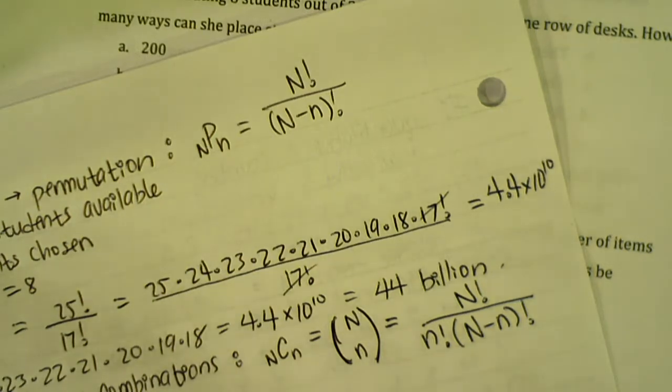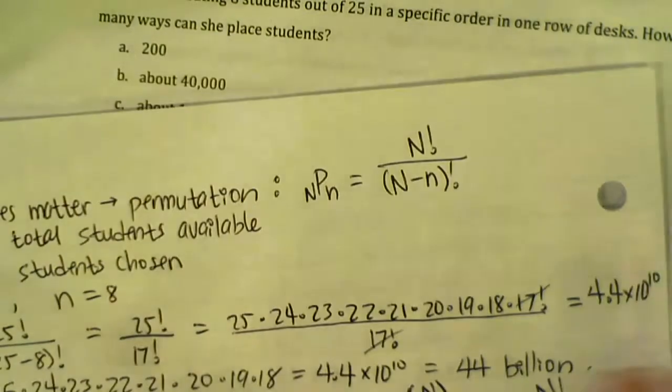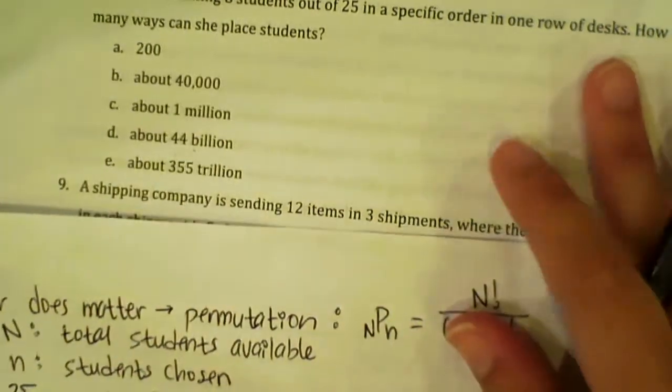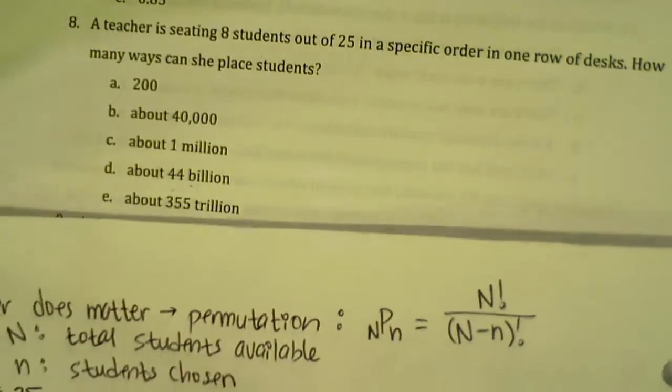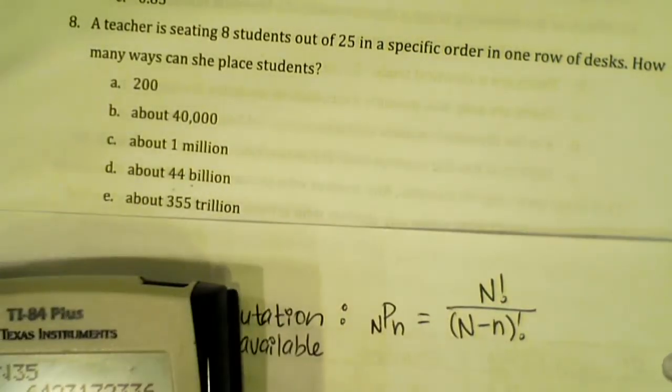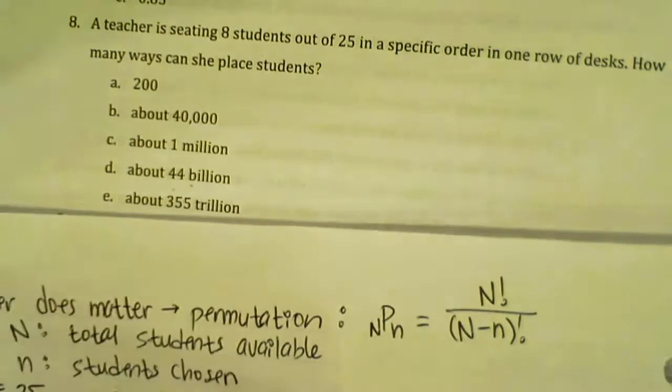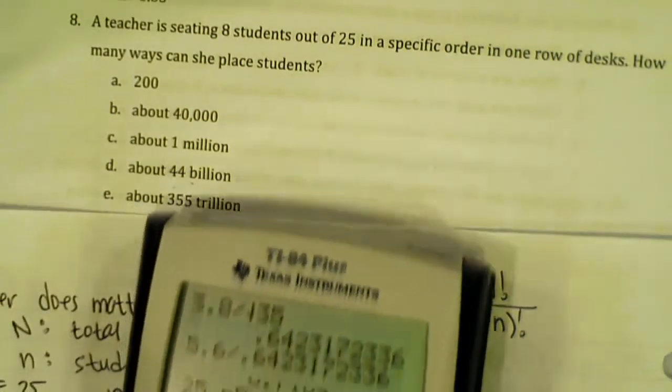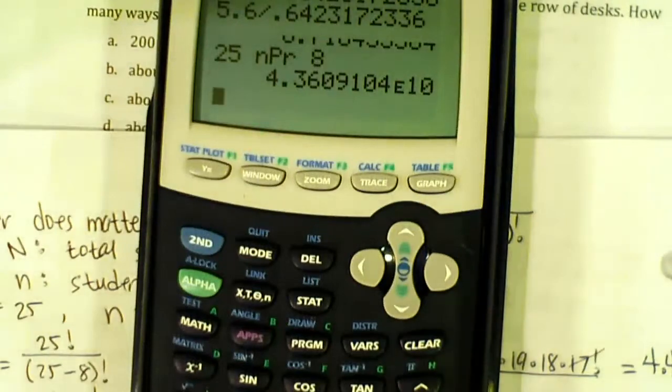Let's pretend that number 8 is combinations. So we would do the exact same thing. We'd plug in n, so our big N is 25. So 25. And then math.